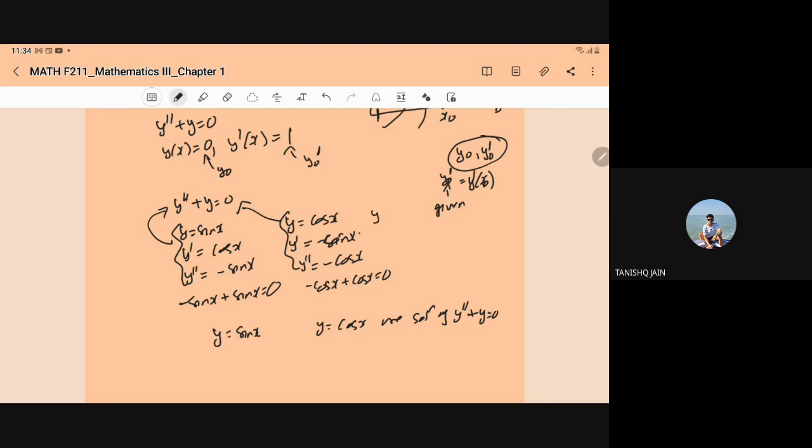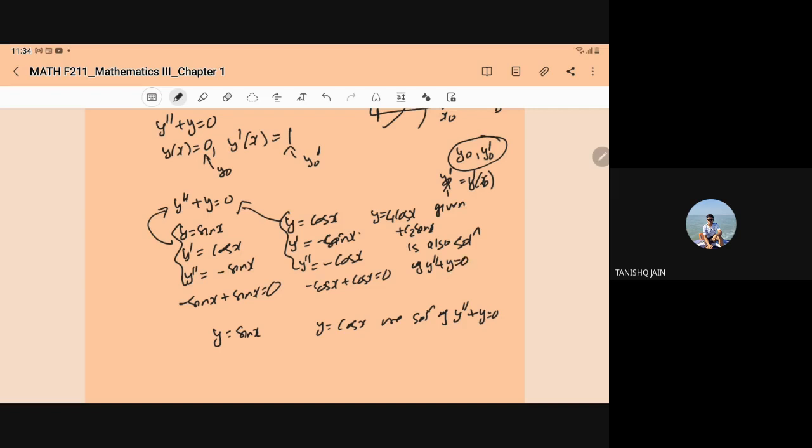Even y is equal to c1 cos x plus c2 sin x, for any values of c1 and c2, is also a solution of y double dash plus y is equal to 0.